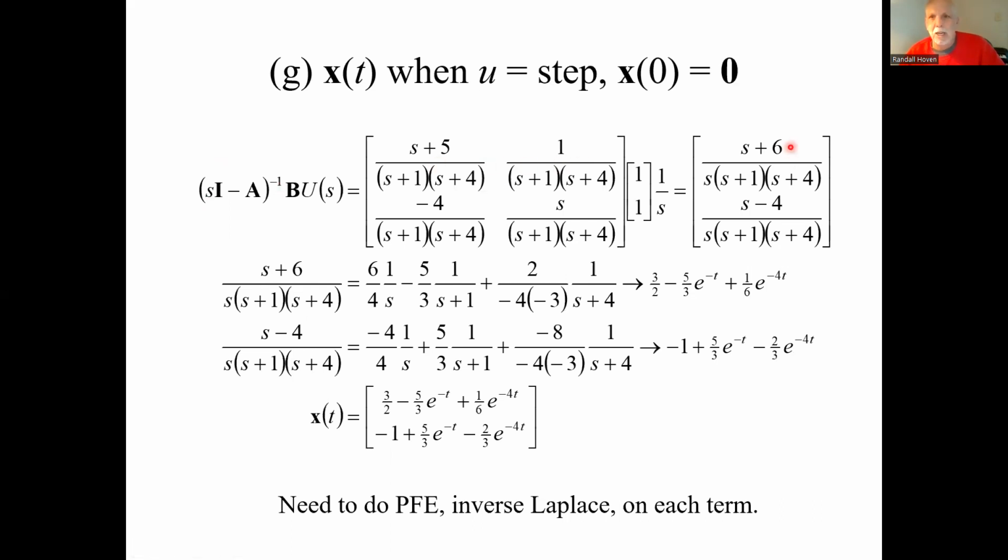When I add these two in the top row, I get that. When I add these two in the bottom row, I get that. Then I have to do some partial fraction expansion. I won't go through that in detail. Take the inverse Laplace transform, I get this. Do the same for the bottom row. Put it all together, I get this. This takes a little bit of tedium, all that partial fraction expansion and then inverse Laplace transform.